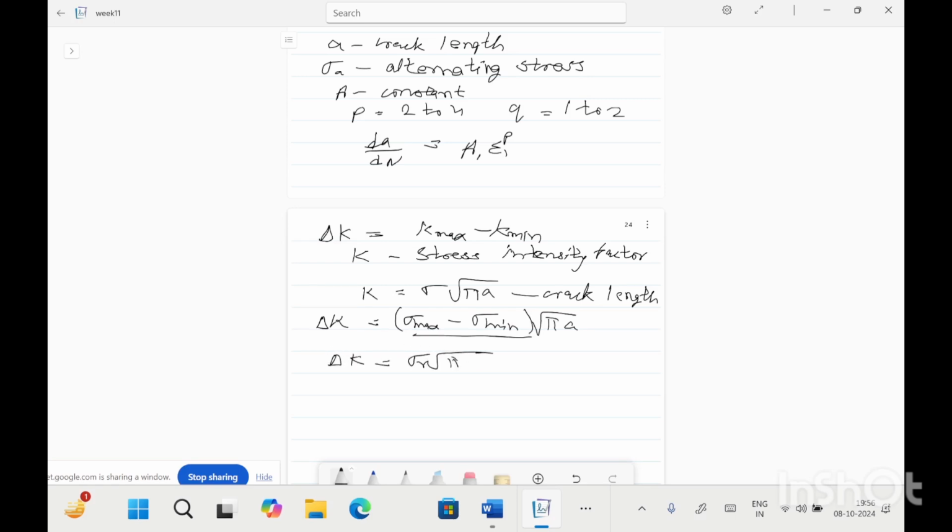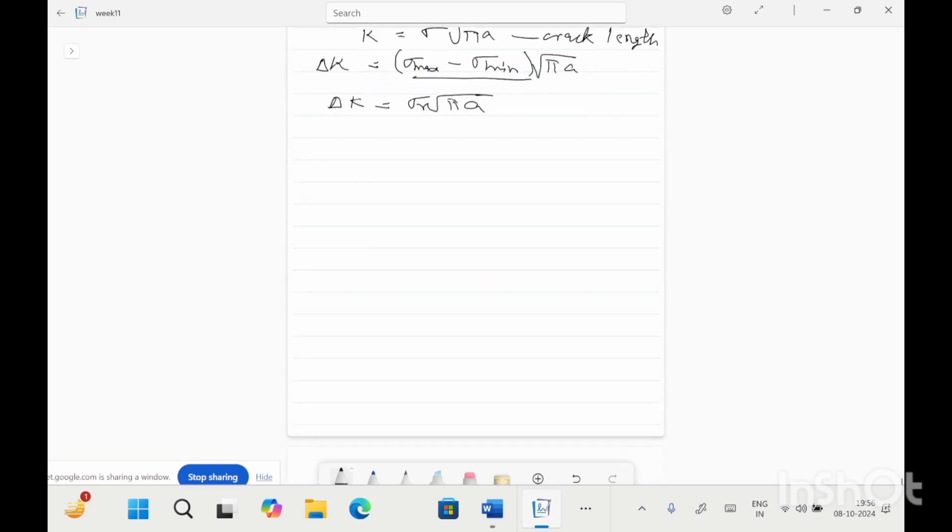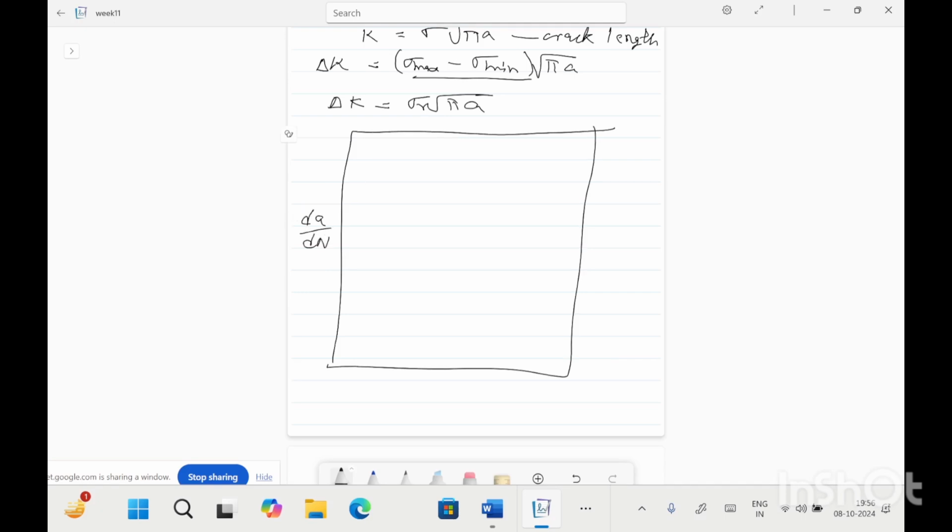So if a curve is drawn between the crack growth and the change in stress intensity factor, this is the crack growth and this is delta K. A sinusoidal curve will form like this, which has three types of stages.